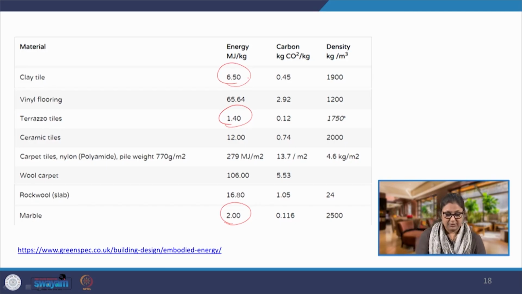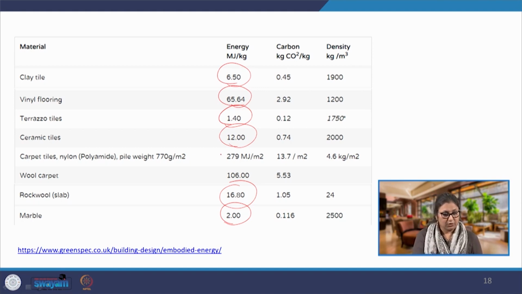Then we have, say, rock wool slab and ceramic tiles, which come next. So, ceramic tiles are almost double the clay tile, but they are still much lesser than that of vinyl flooring. We are talking about synthetic materials here, which are fully manufactured in industries, and of course consume a lot of energy and release a lot of emissions.